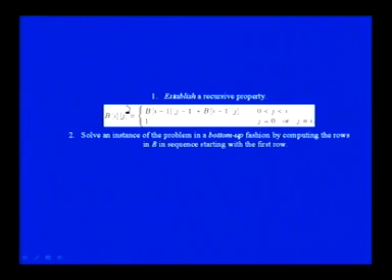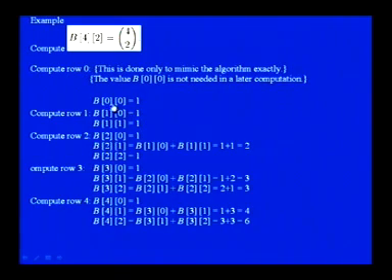In the previous recursive property, we have seen that if i is equal to j or j is equal to 0, then the value of the binomial coefficient is going to be 1. According to this, you can see very well it is going to be 1. Then I am going to compute the next row. The next row is going to be b of 1, 0.